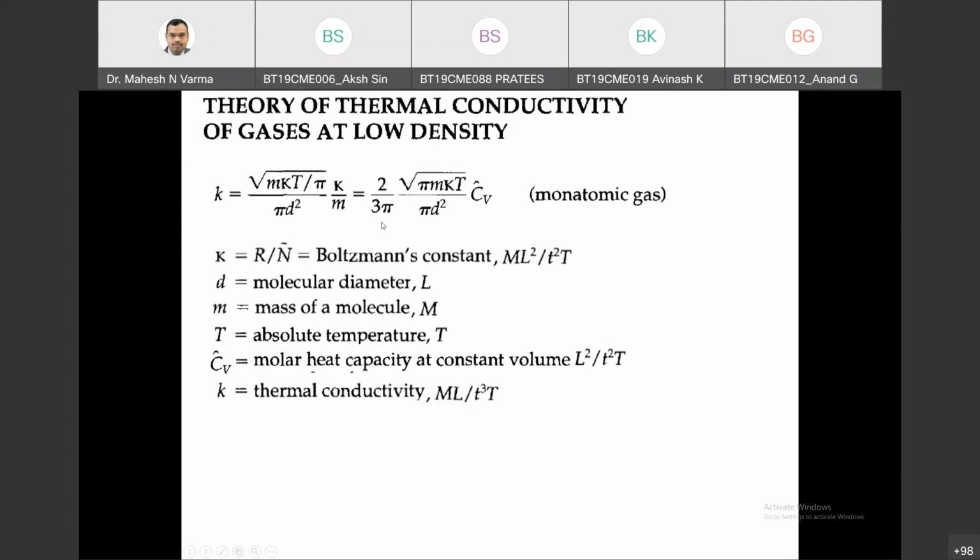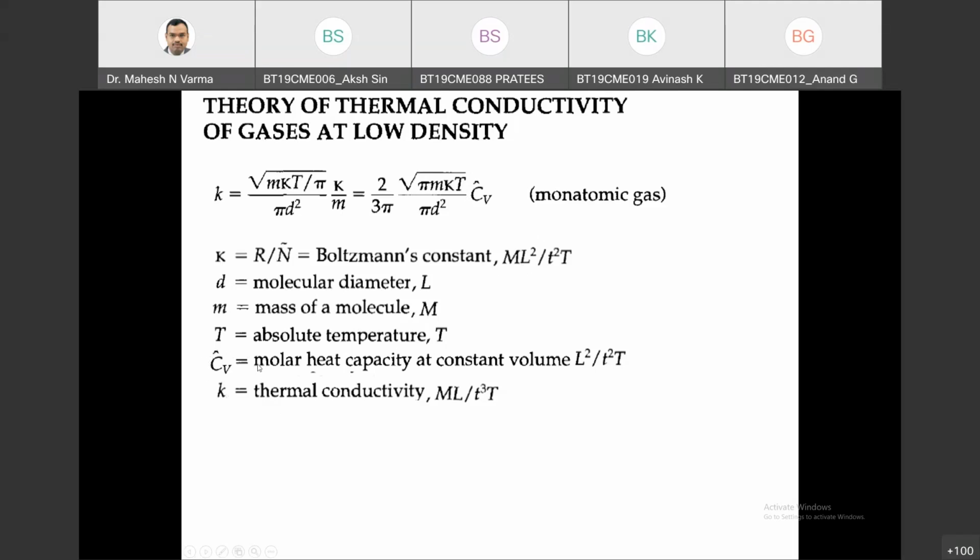This CV is related to this actually, so CV can be rearranged here. CV is the molar heat capacity at constant volume. So this is the relation between CV, R and Avogadro's number. You can go into the discussion in thermodynamics. There are different units of CV; in CGS units, capital M will be involved, while in SI units, capital M is not involved.